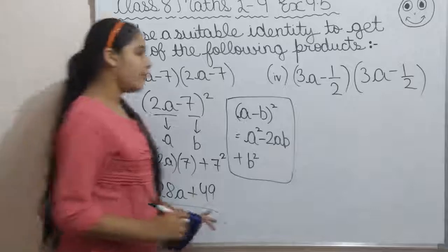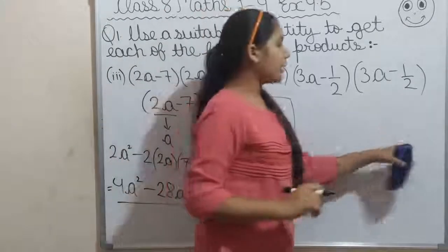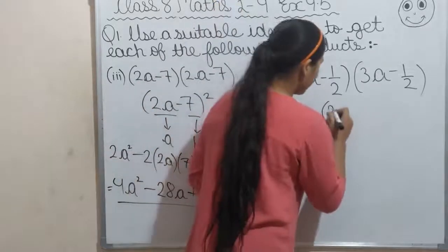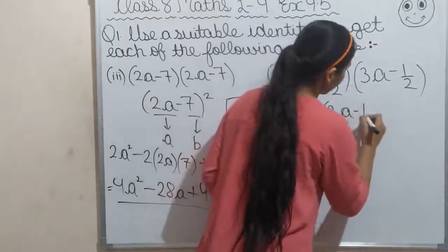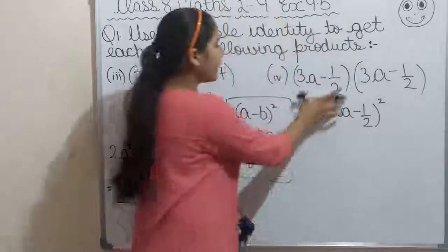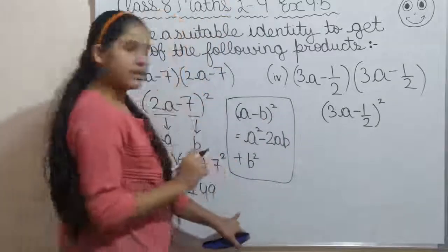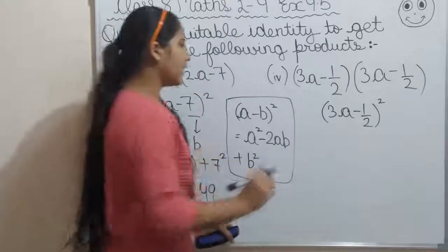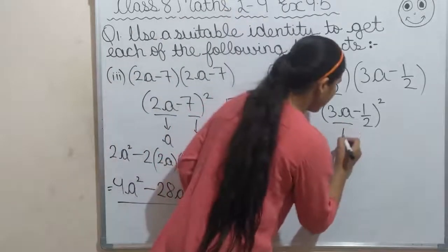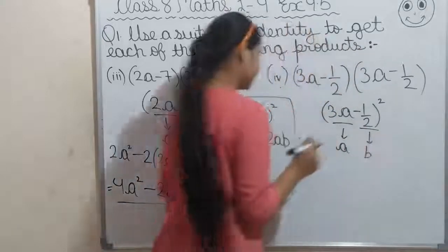So let's come to the fourth one. The fourth one is (3a minus 1 by 2) multiply (3a minus 1 by 2). Again we can write it as (3a minus 1 by 2) square. Here again minus in both, so we can use the same property which we used in the previous one. First a square, I will represent a and b.